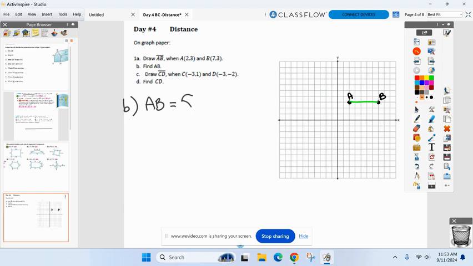Perfect. Let's try this one more time with line segment CD. So go to part C and graph line segment CD.